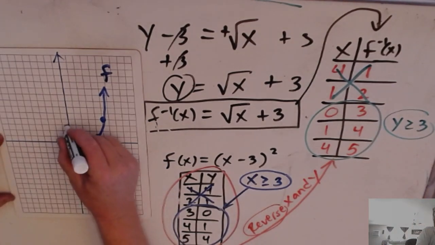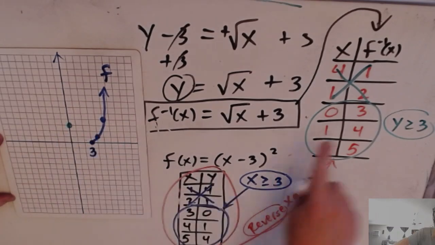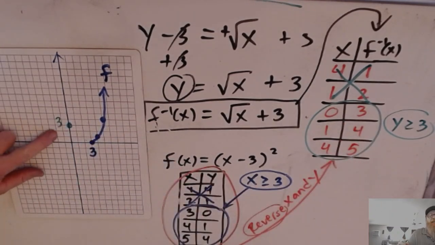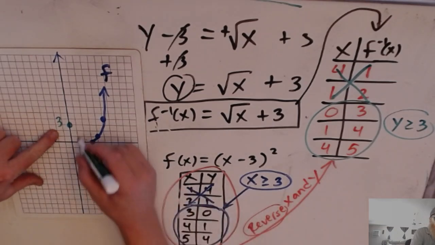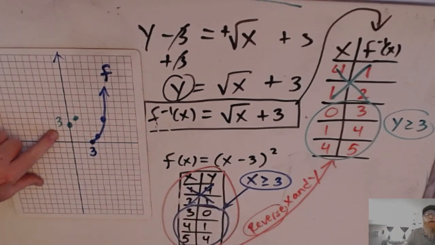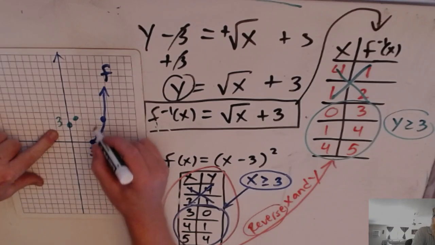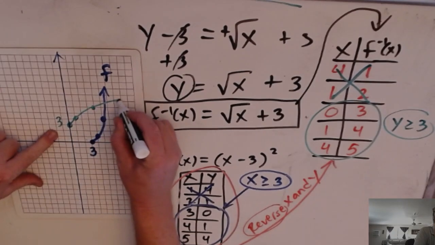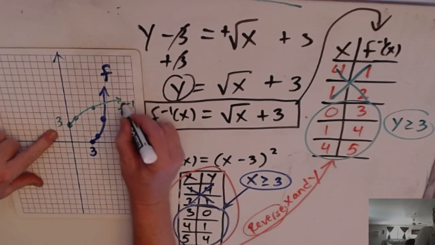So now for my inverse function, I'm putting a dot at 3, 0, 3. That's on the y-axis. Then 1, 4. And then 4, 5. And that is your inverse function.